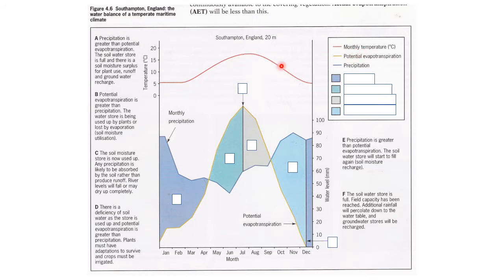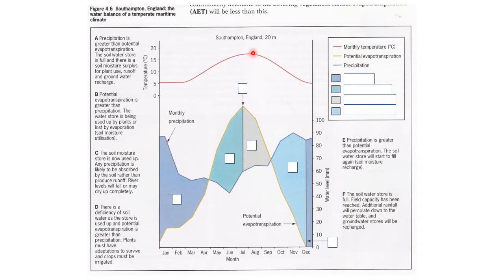You probably won't get that in the majority of soil moisture budgets, to be honest, but it is on this one. Then you've got potential evapotranspiration, and here it is. Then you've got precipitation, and you can see it's a blue line here.